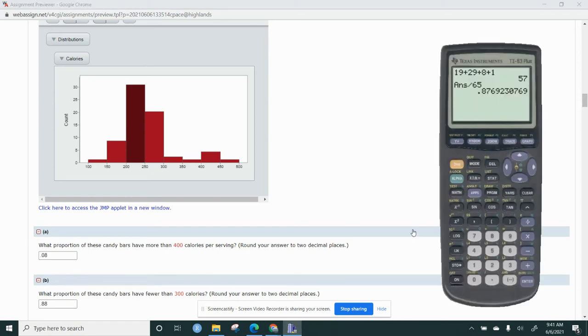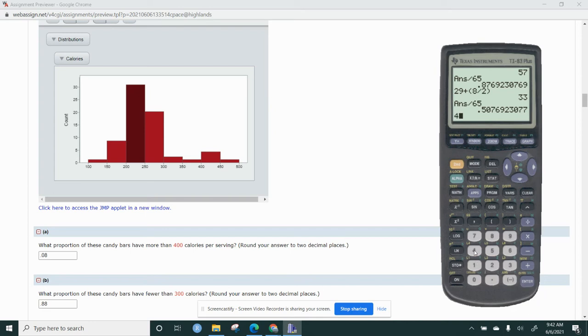Let's do it with the numbers first. I'm going to do 29 plus 8 divided by 2. Okay, and that gives me 33, and then I'm going to divide by 65 again. And that gives me roughly 0.51.